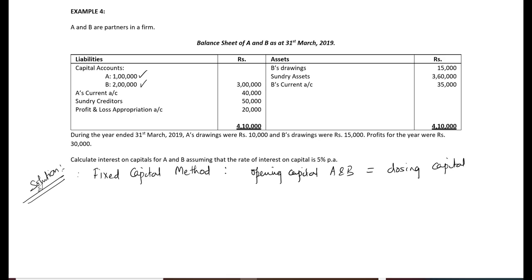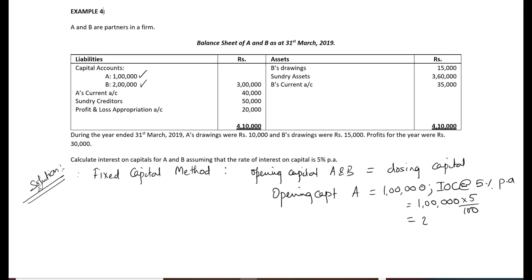So let's go ahead and calculate the interest on capital. Opening capital, in the case of A, it's rupees 1 lakh, and therefore the IOC of A at 5% per annum is equal to 1 lakh into 5 divided by 100, which is equal to rupees 5,000.